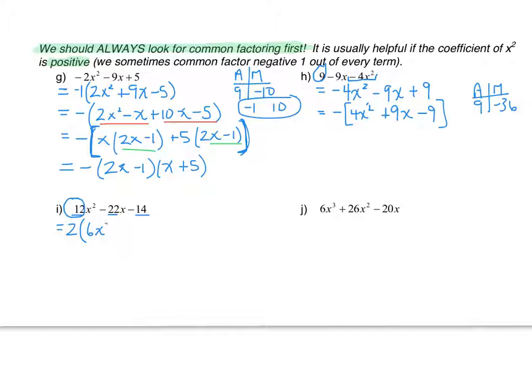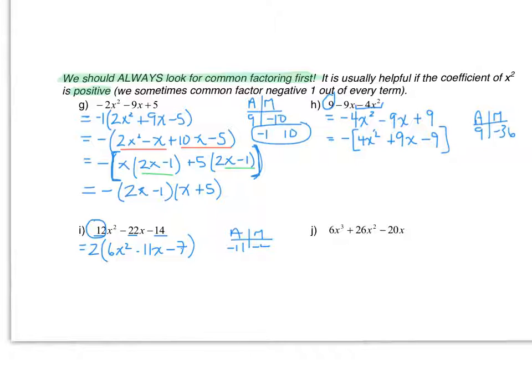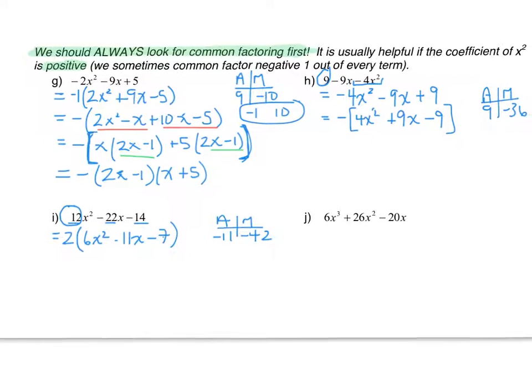That leaves you with a 6x squared minus 11x and a minus 7. And then from there, you treat it like before. You're looking for two numbers that will add to negative 11 and multiply to negative 42. Okay, so go from there, see what you can do with those questions, and then I will put my solutions up here.